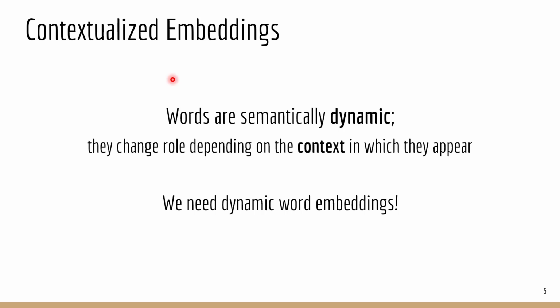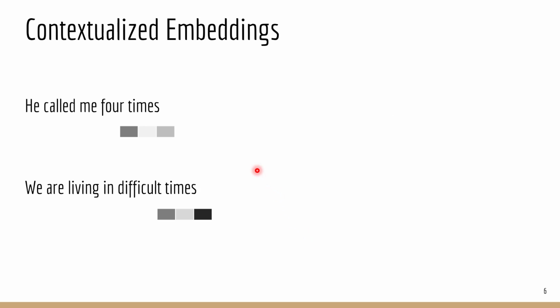As a result of that, we need dynamic word embeddings. We need embeddings that can adapt themselves to the context in which the target word appears. So specifically, for different usages of the word time, we want different embeddings that can reflect these specific usages of the word time in different contexts.